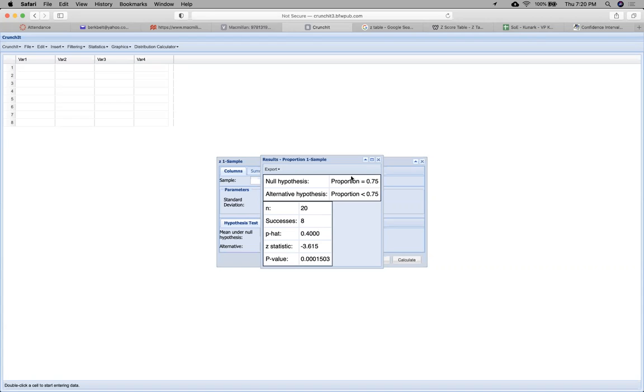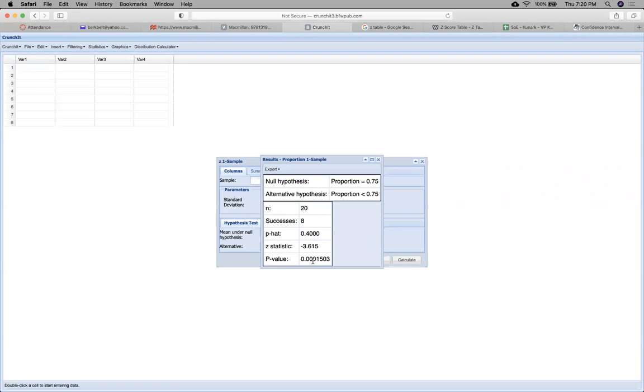If the null hypothesis were really true, then this is the likelihood that this would have happened. If the null hypothesis is really that p is equal to 0.75, there is a 0.00015 chance that you would have gotten this result.